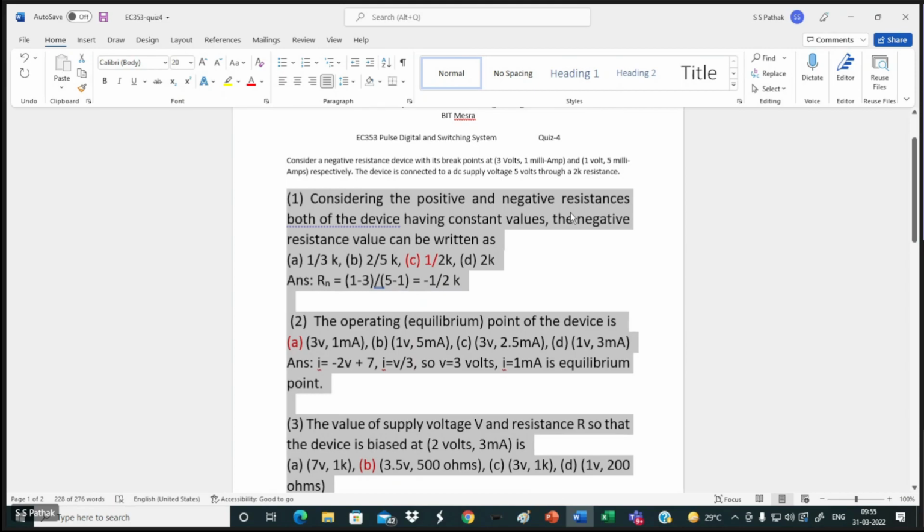Considering the positive and negative resistances of the device, which are constant, that means the slope is constant. It is a linear slope. The negative resistance value can be written as positive, negative, both.